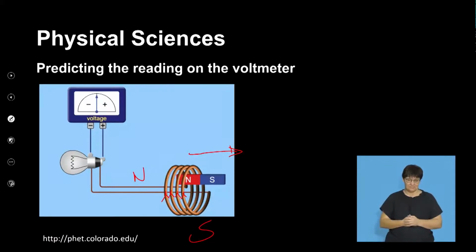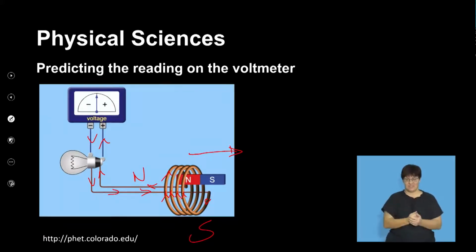So that means that it's coming in at that side. And that means that it must be going up over here, and it must be going along over here. And I've marked all these points, so it goes in at the positive, and it's going to come out at the negative through the light bulb, and so we've got the completed circuit.